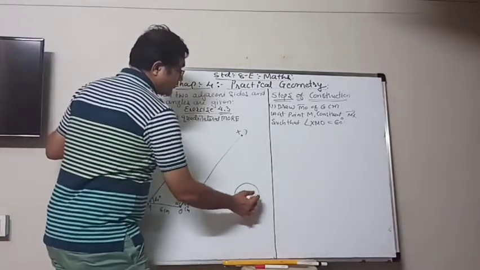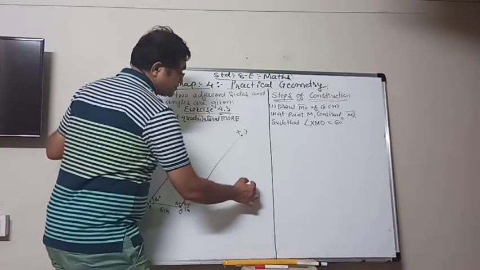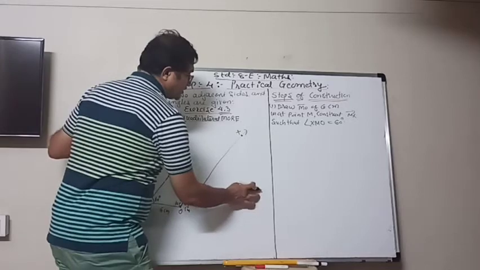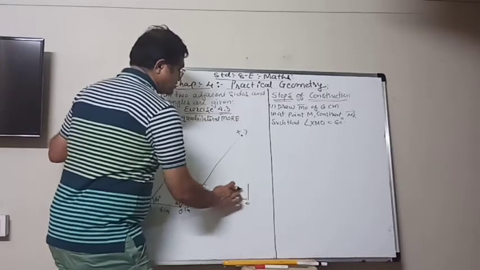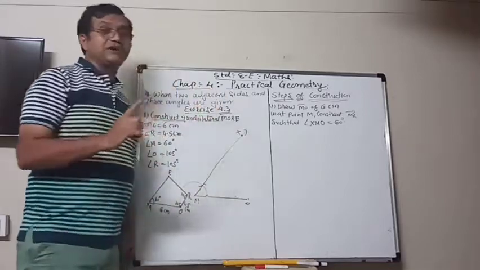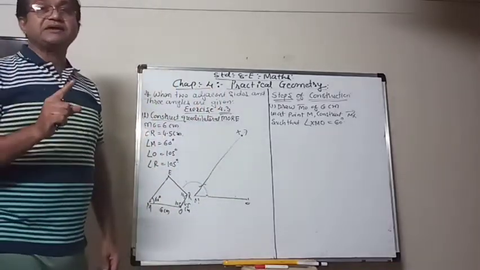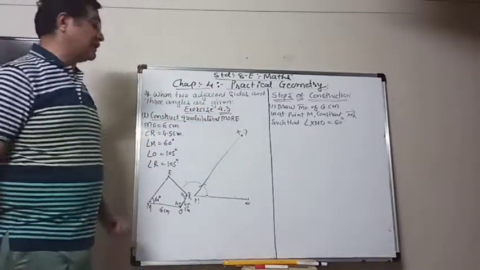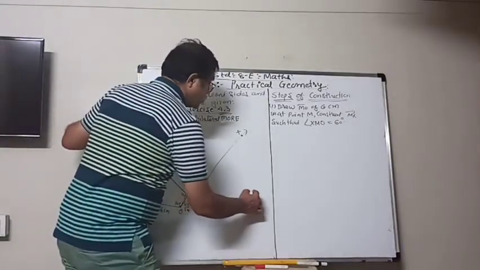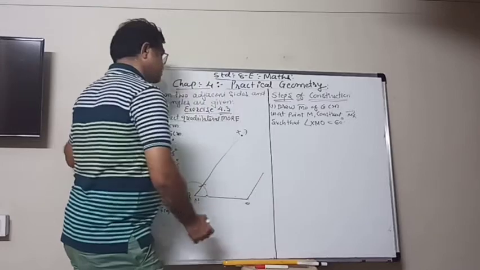You can put your protractor here and check, that will be 90 degrees in the middle and then 105 degrees. So approximately I am drawing my way, but you can use the protractor and exactly draw the angle of 105 degrees. So from here you will draw 105 degrees.